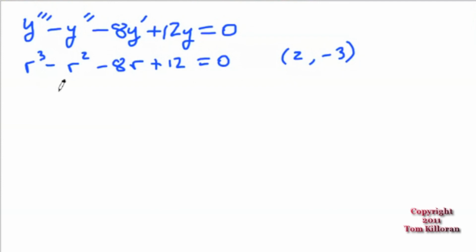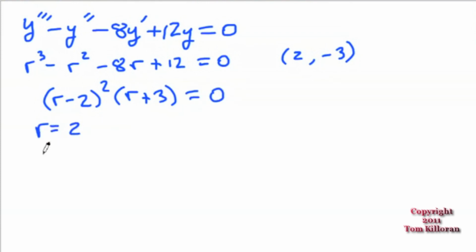So I'm going to just give you a heads up that this is r minus 2 all squared times r plus 3. So we have 3 roots, except one of them is a double root. So we're going to get r equals 2, twice, and r equals negative 3, and that's just by itself.